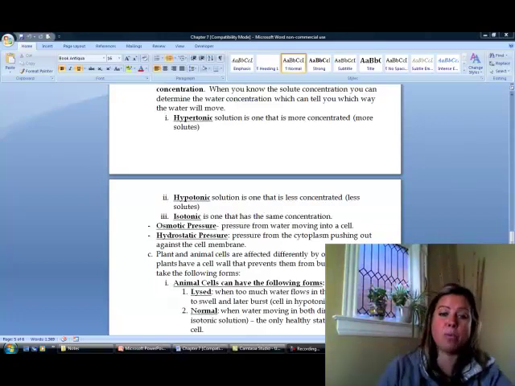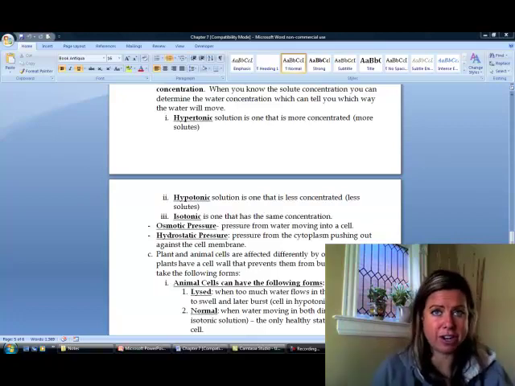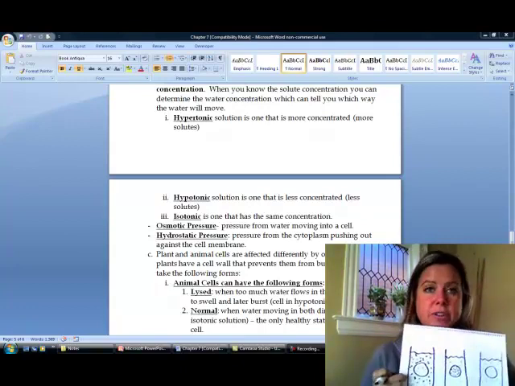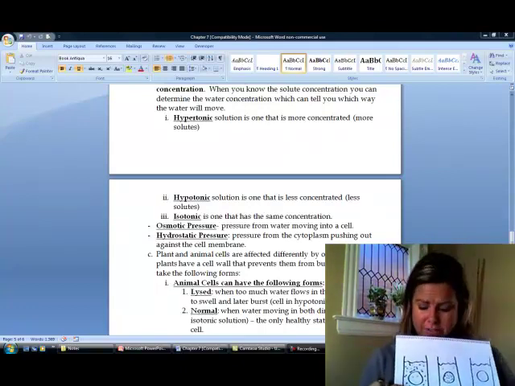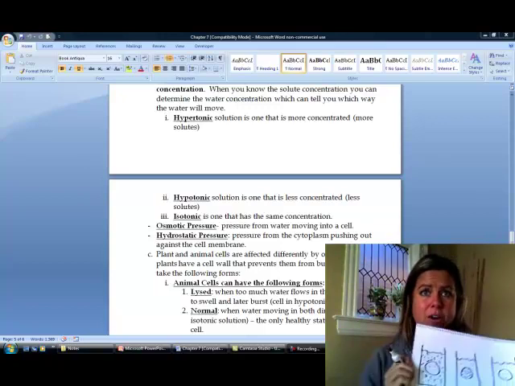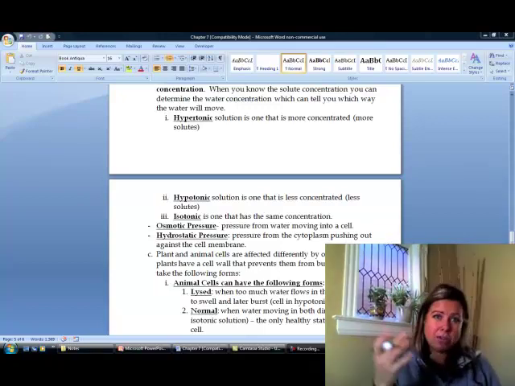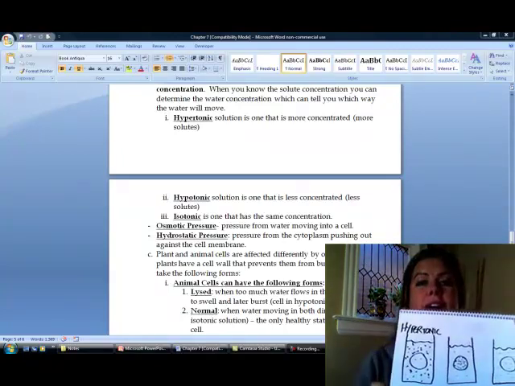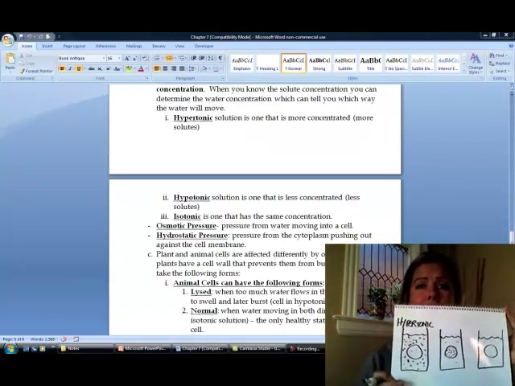Okay, so now we're going to put words to that stuff. So we're talking about the solution here that the cell is sitting in. So if we look at this one here, the solution has more solutes than the cell. So if we're using those words, we would say this first one is hypertonic. Okay?